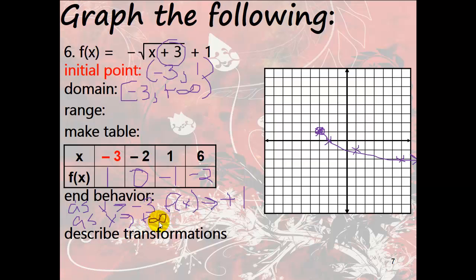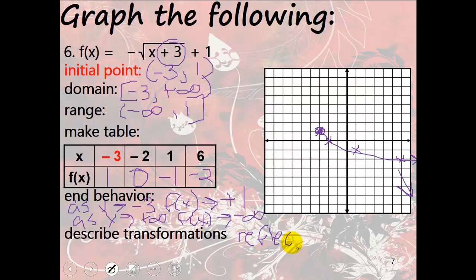Where are my y's going? Well, they're going down. So f of x is going to negative infinity. So now let's go back and take our range. My smallest value now is negative infinity, and my biggest value now is my end point, which is 1, my initial point. Describe the transformations: it's reflected.